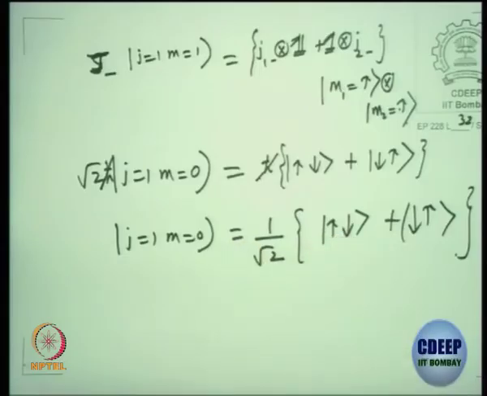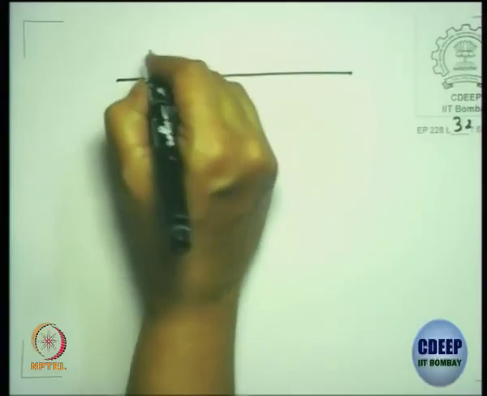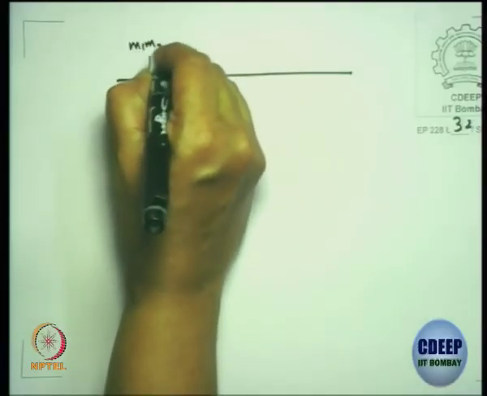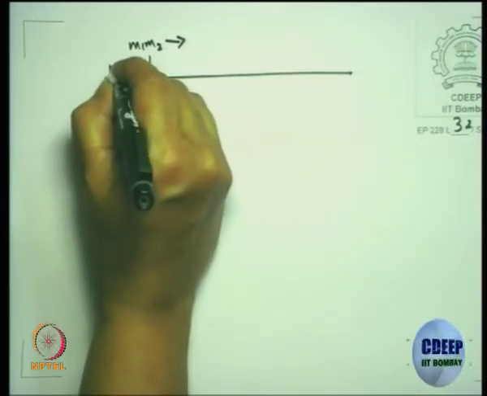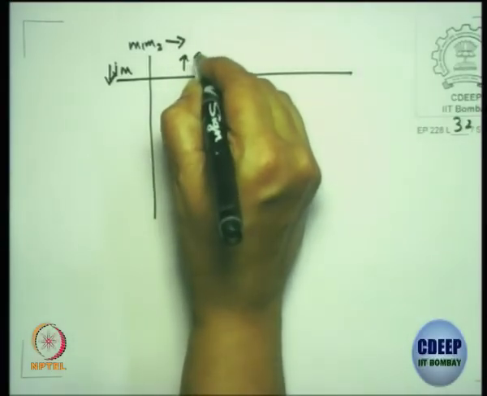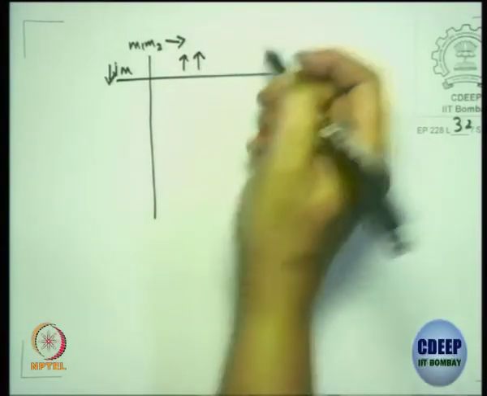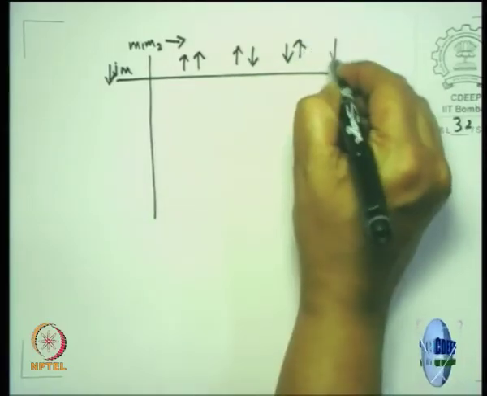So let's write the CG matrix again. You have to help me. I am going to put M1, M2 on this side, and on this side let me put J and M. So M1, M2 is up up, up down, down up and down down.